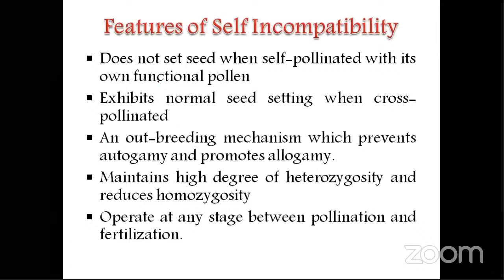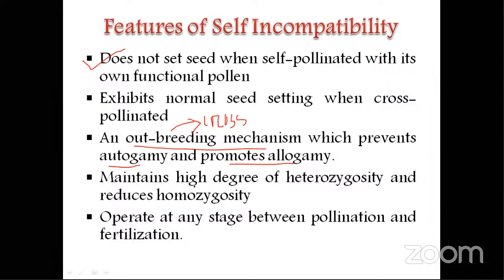Coming to the features of self incompatibility, the first point I already told you: it does not set seed when self pollinated with its own pollen, but normal seed set is there. It is an outbreeding mechanism. Outbreeding means crossing, cross fertilization, which prevents autogamy, self-fertilization, and promotes allogamy.